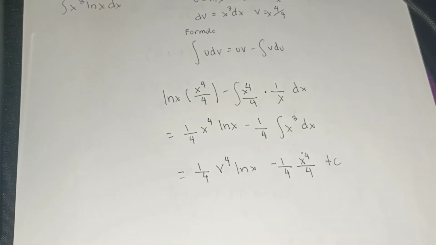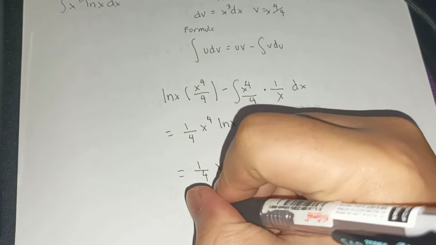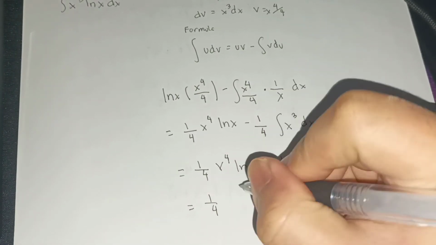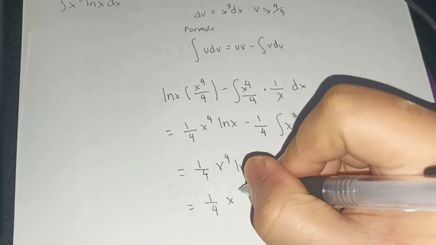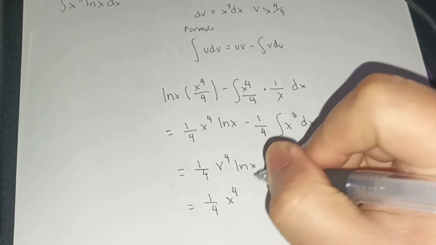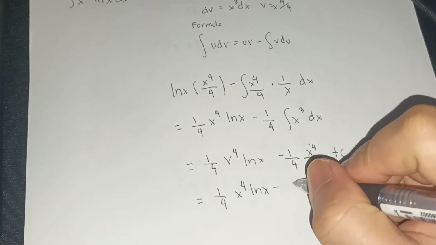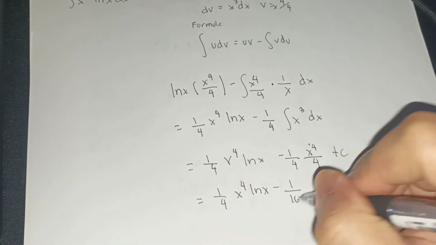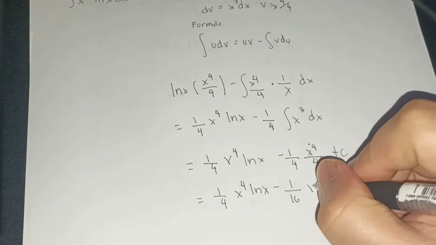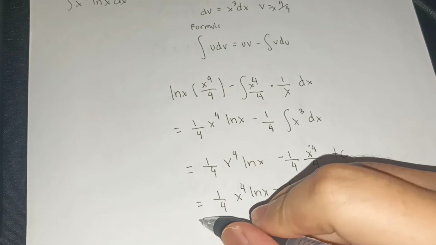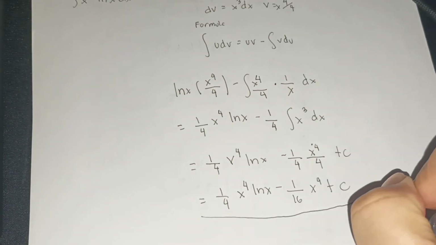You just then multiply it like this. Take a look at this. 1/4 x to the 4th power ln of x minus 1 over 16 x to the 4th plus arbitrary constant. So we have now our final answer.